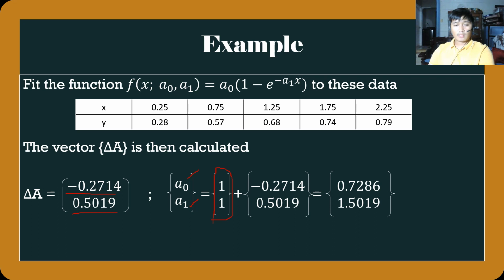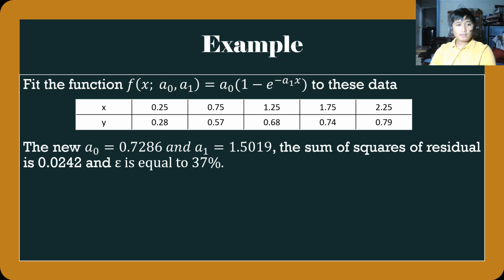So adding these values to our delta vector delta A, we now have the new value of a sub 0 and the new value of a sub 1.